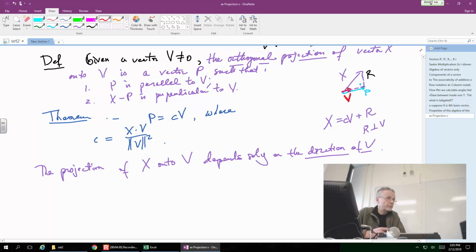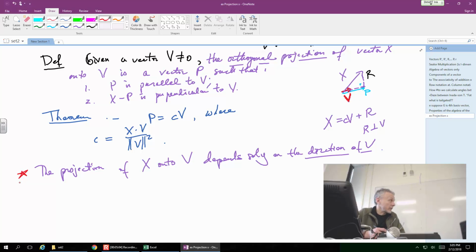Okay, so the question is, what's going to happen to P if I double V? The answer is nothing. That's the idea that I try to put here, that the direction matters. So if you double a vector, or even if you reverse the direction to the opposite, the answer will still be the same.